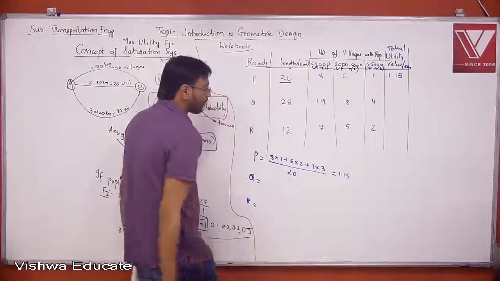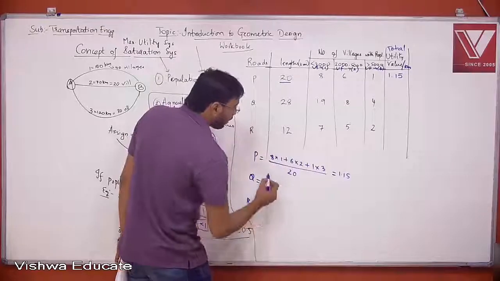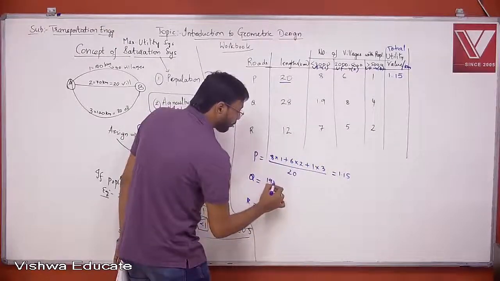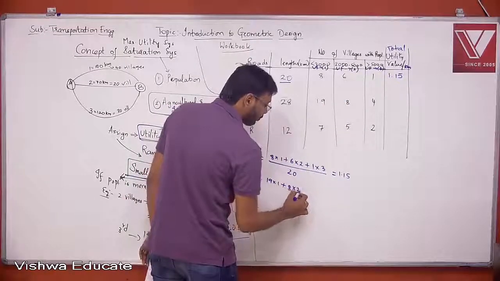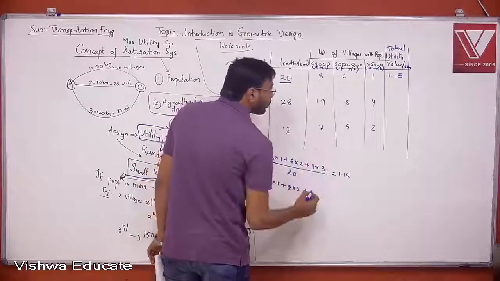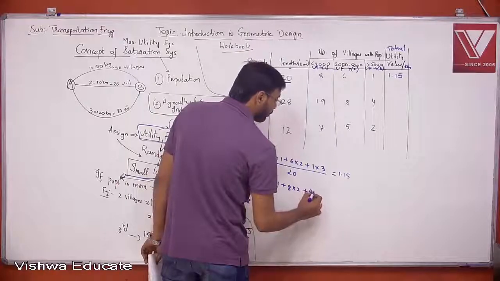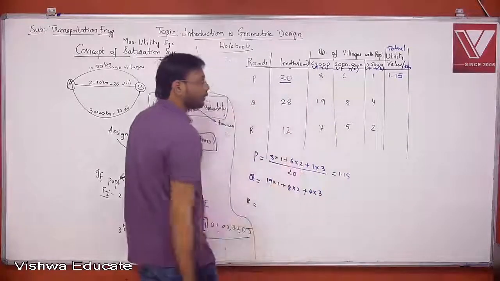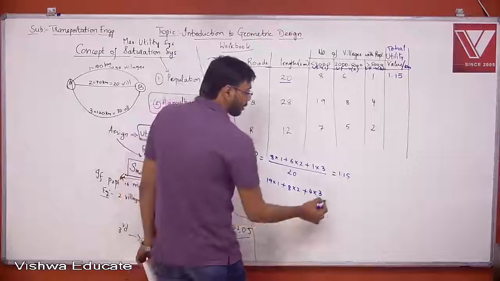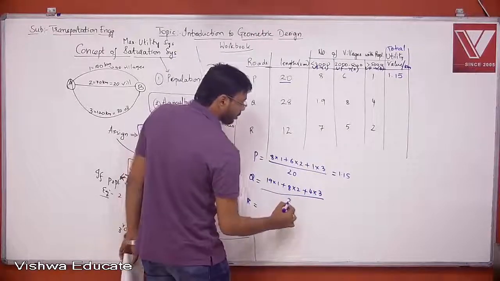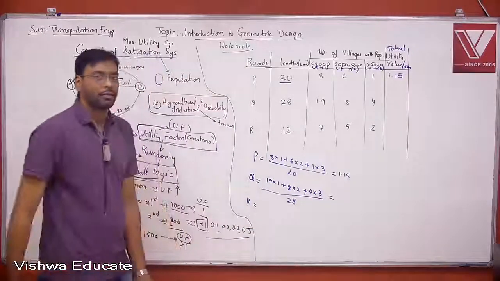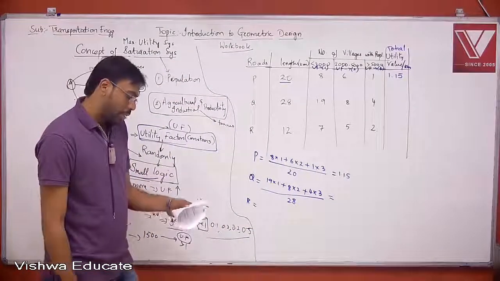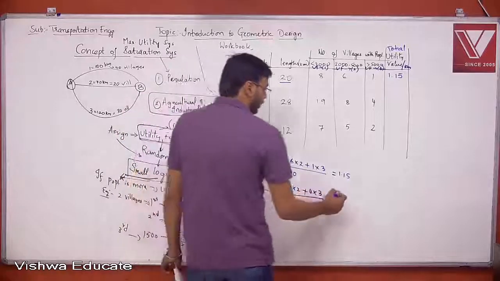Come on, do it. I'm also doing it here: 19 into 1 plus 8 into 2 plus 4 into 3. That is the total utility value for road Q, but it is for 28 kilometers. So I divide it by the number of kilometers, and if you calculate this, it comes as 1.67.